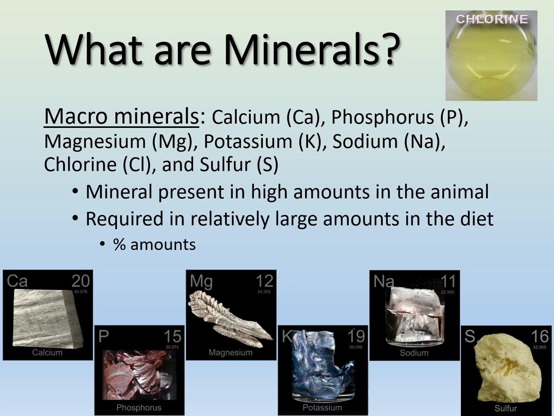You have their element at the bottom there. It gives you a little idea of what it looks like in its natural state, what its atomic number is, and all of that. You don't need to memorize any of that, it's just a refresher going back to the periodic table, way back when.